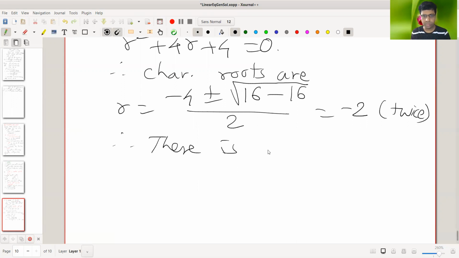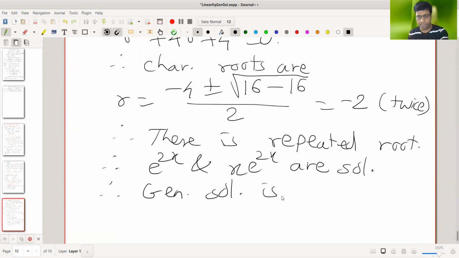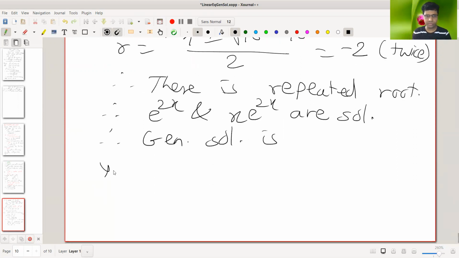There is a repeated root, and therefore e raised to minus 2x and x e raised to minus 2x are independent solutions, and therefore the general solution is y equal to c1 plus c2 x into e raised to, sorry, I should write minus 2x.